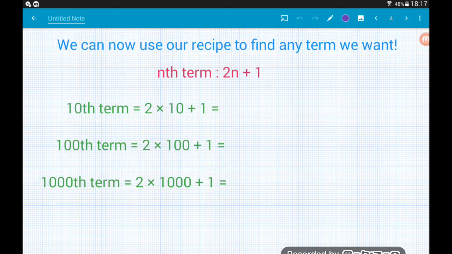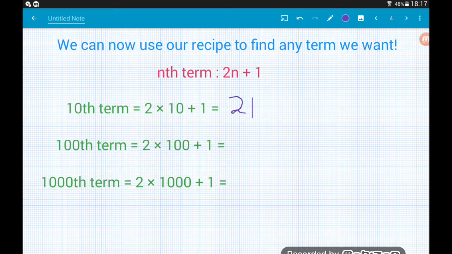Now we can use that to find some higher terms in our sequence, as I said before. Say that we wanted to find the 10th term of our sequence, then we substitute n equals 10 into the nth term, 2n plus 1, and we get 2 times 10 plus 1, which gives us 21. If we wanted the 100th term, then we would substitute in n equals 100.